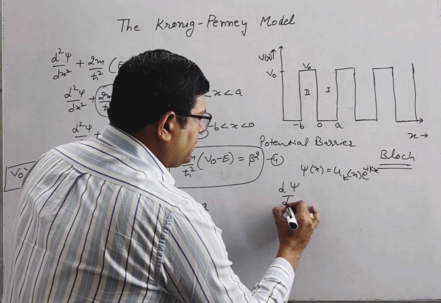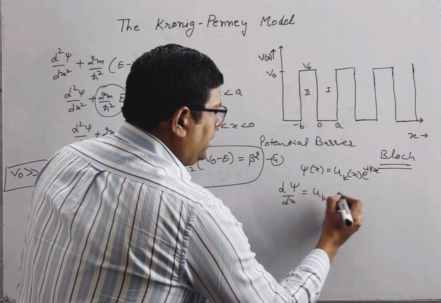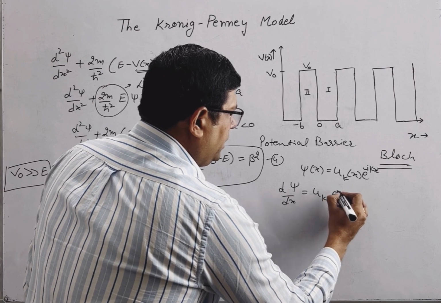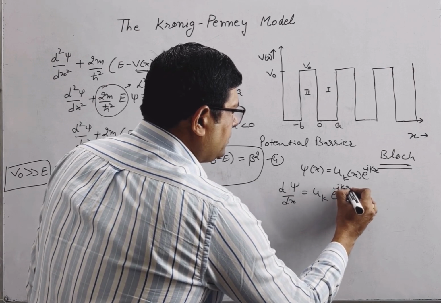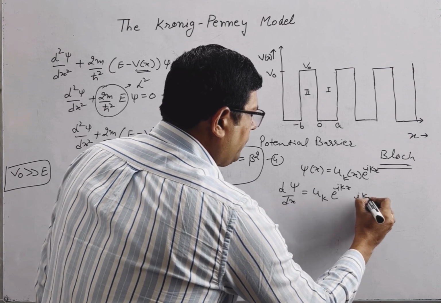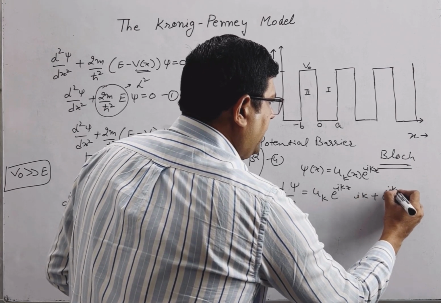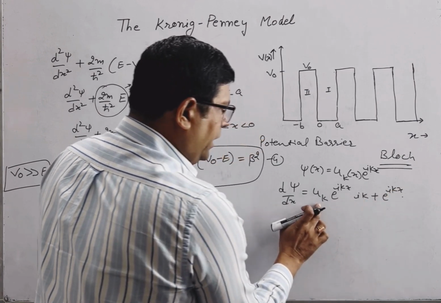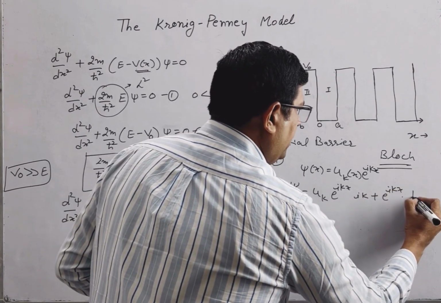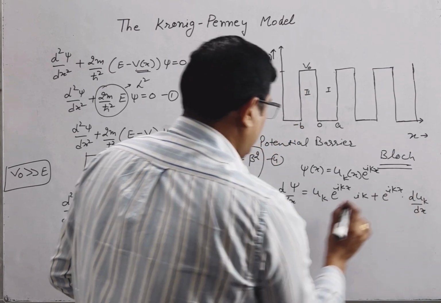d psi by dx equal to u_k into e raised to power iota kx into the derivative of this, which is iota k, plus e raised to power iota kx into the derivative of u_k, d u_k upon dx.